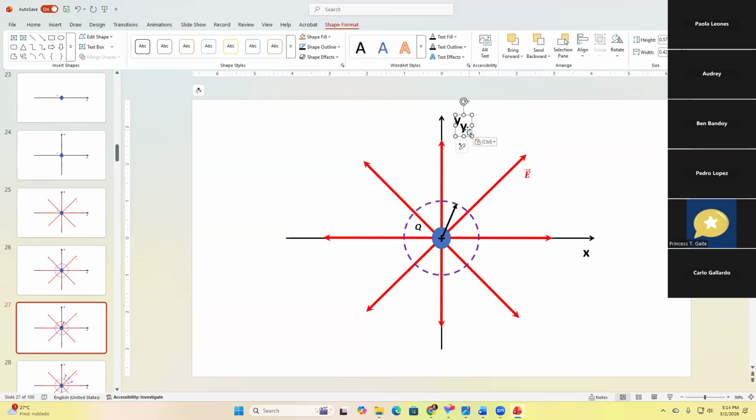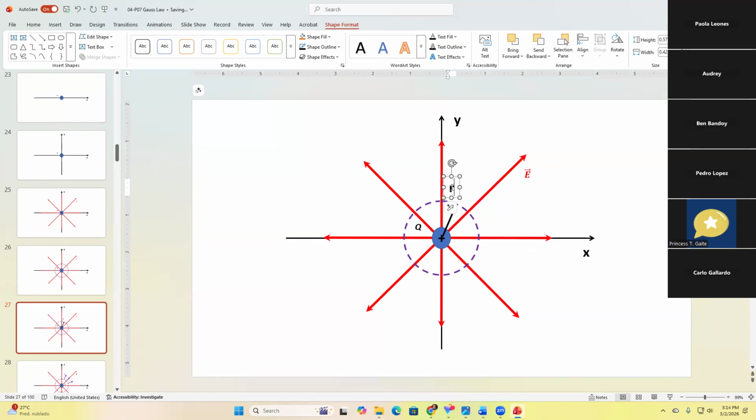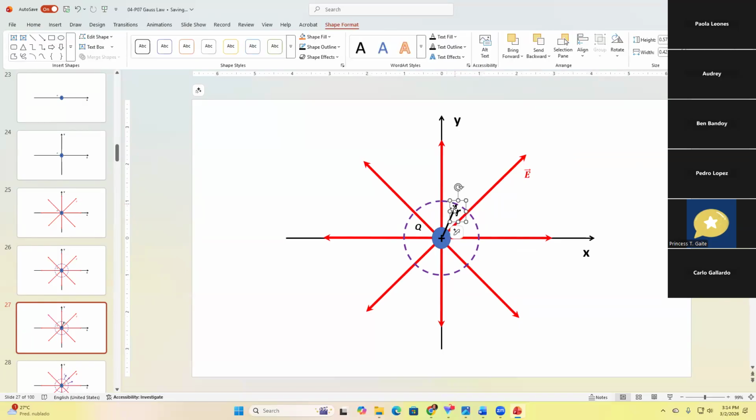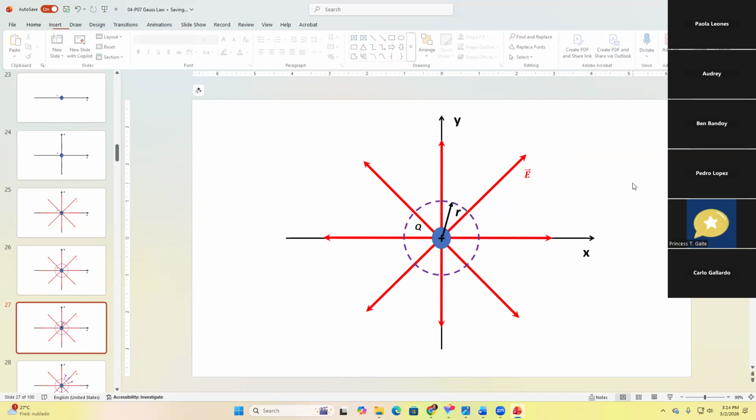R, lowercase. Here you go. Like that. Sphere of radius r.